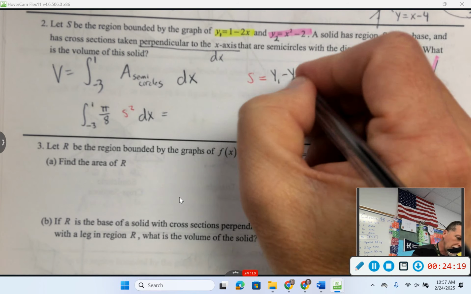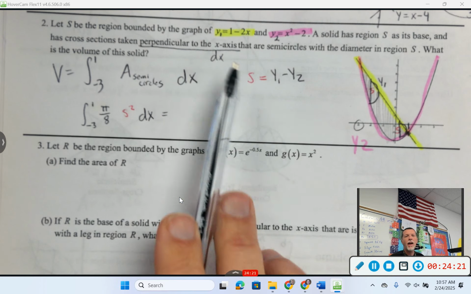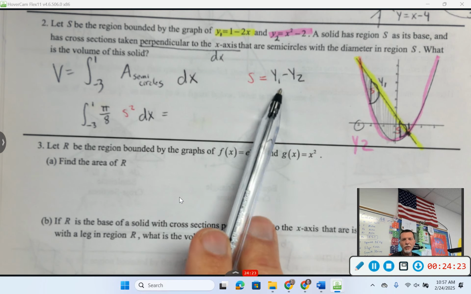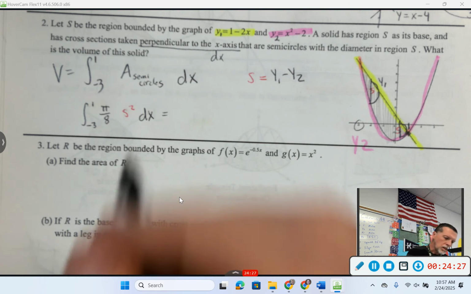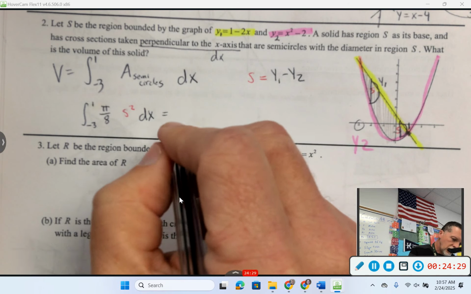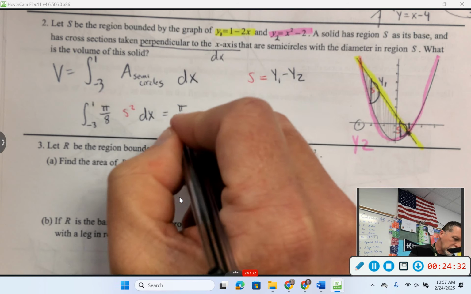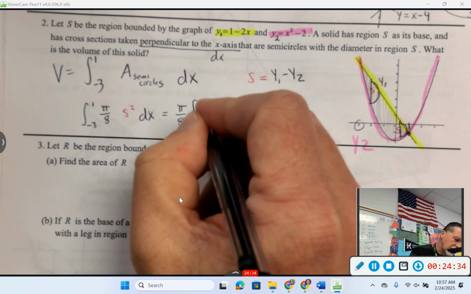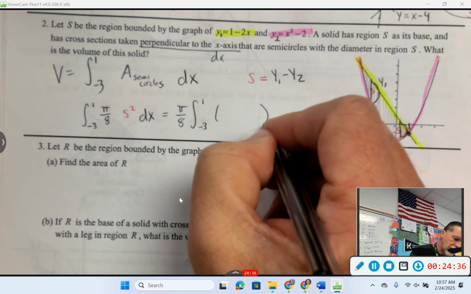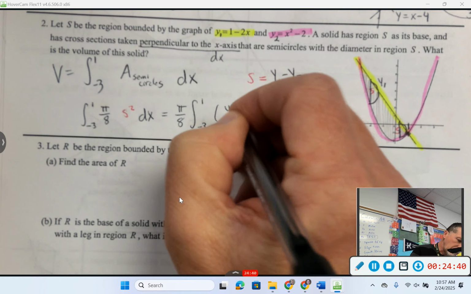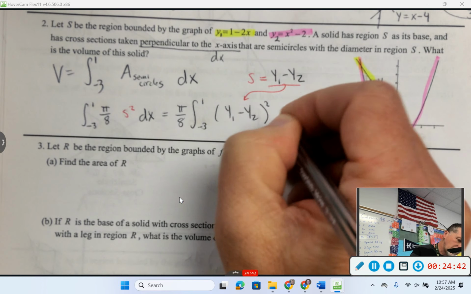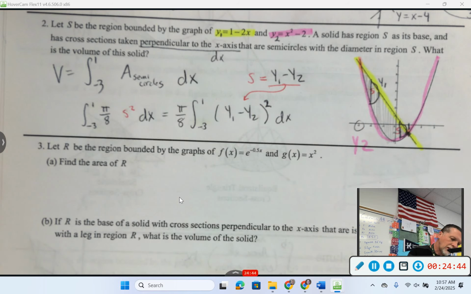So y1 minus y2. I've labeled them y1 and y2, so I can use y1 and y2. I can also put pi over 8 out front. y1 minus y2 squared dx.